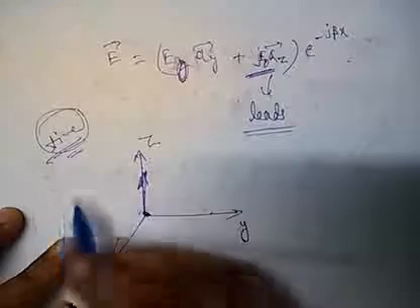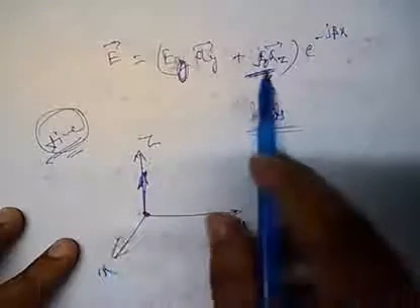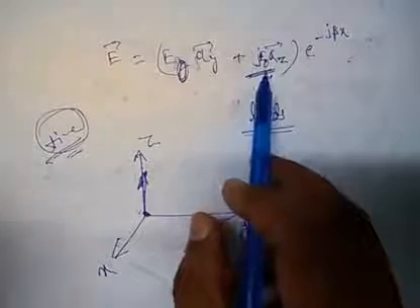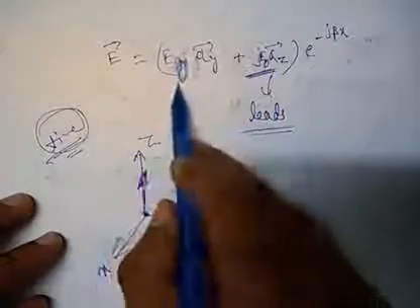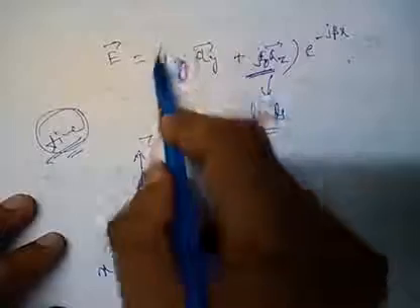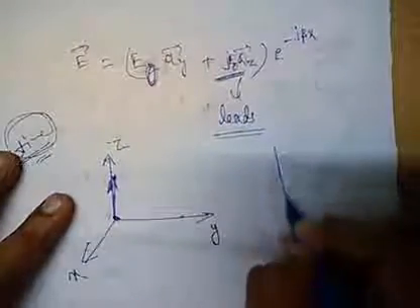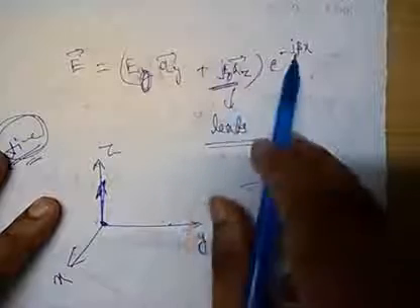When time passes, this part will decrease and this part will dominate. We write it in cos omega t.